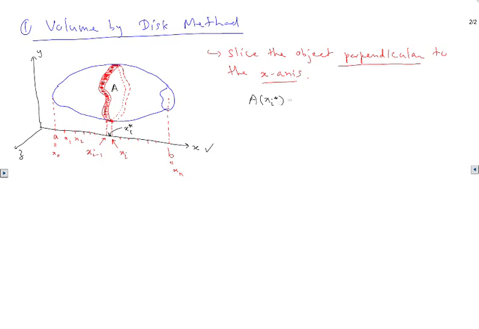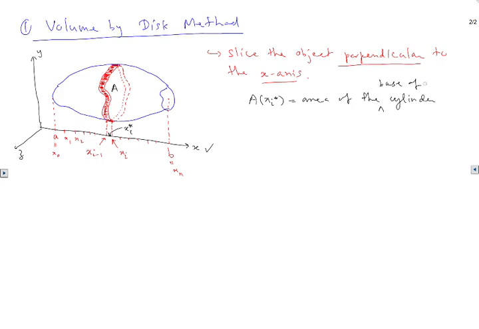This is the area of the base of the cylinder. You can see that it may be slightly different, but they are very, very close to each other, because you can make this gap very, very small.